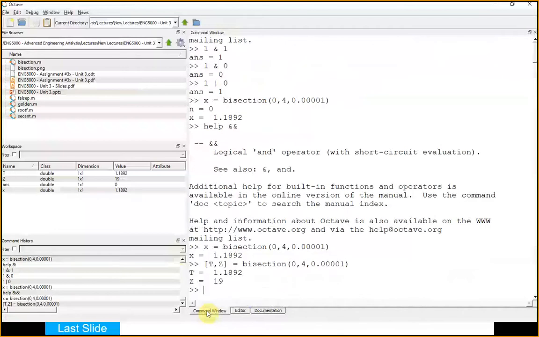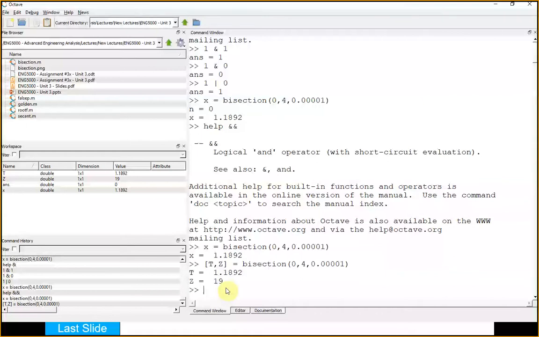If I use t and z, it just calls t the first output and z the second output. What is z in this case? Number of iterations. Okay, everybody clear on that? Hello? Number of iterations. Yeah.